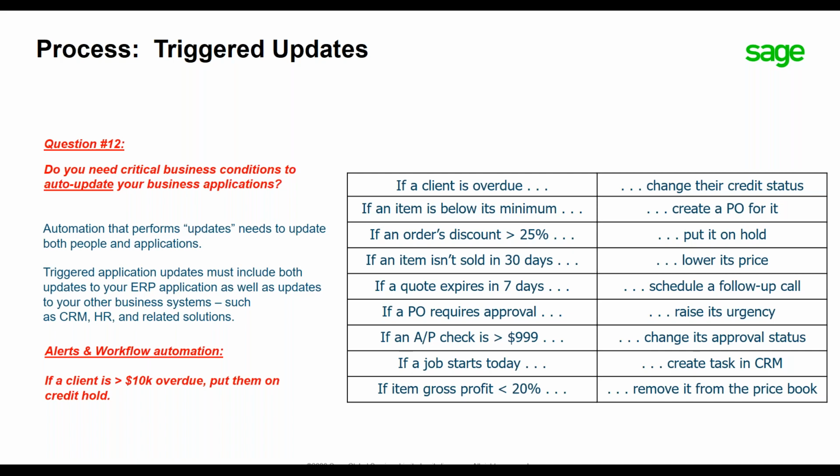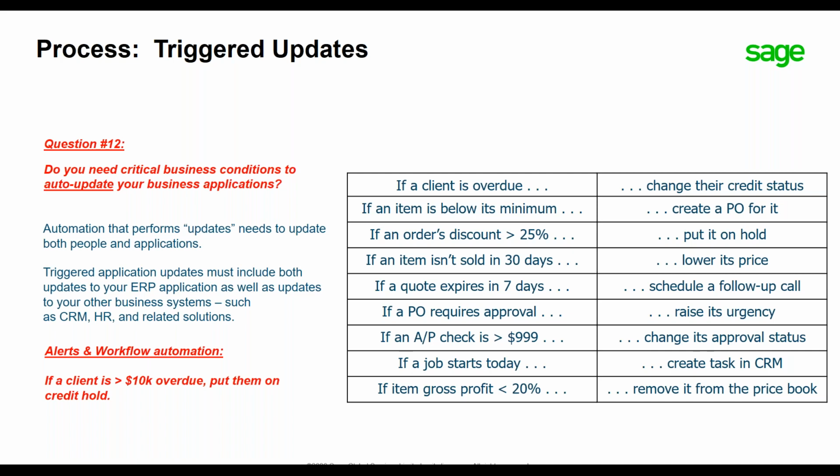So we're looking for information within Sage that's happening now in real time, and we're sending that out to you. So an item hasn't been sold in 30 days, or quotes expire in 7 days. And this goes for car leases, phone leases, office equipment leases, anything like that. We can notify you as well, because we can monitor that and say, hey, your printers are about to expire on their M&S.